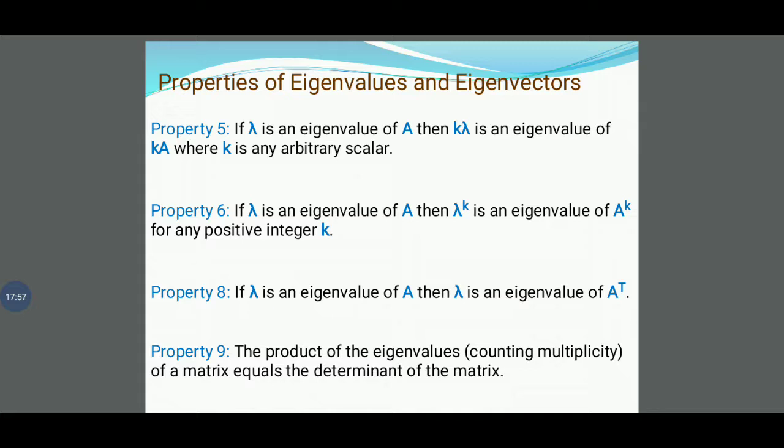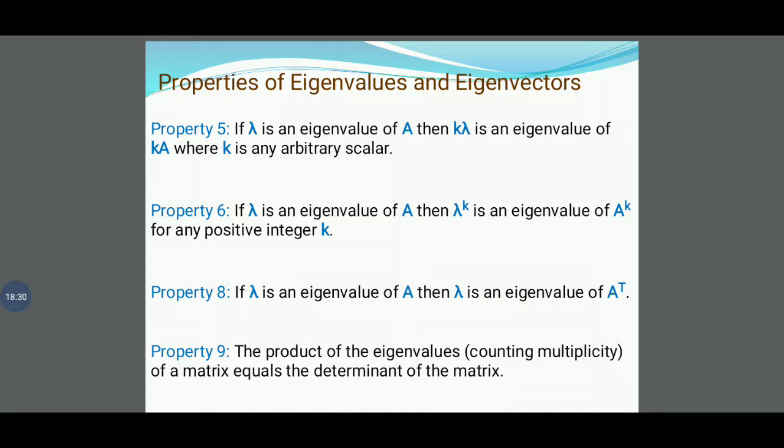Now move to property number 8. If lambda is an eigenvalue of A, then lambda is an eigenvalue of A raised to t, the transpose. Clearly, suppose a matrix A has eigenvalues 2, 3, then if we consider its transpose, that is interchanging rows into columns, and find the eigenvalues for the transposed matrix, we will get the same eigenvalues 2 and 3. This is the property number 8.